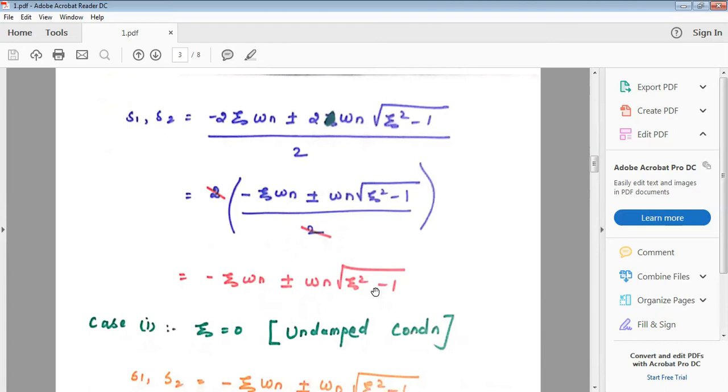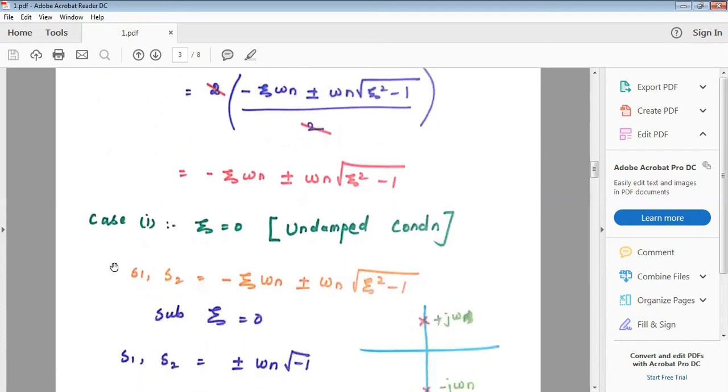Now let us analyze the 4 cases. First, consider case 1, that is theta equal to 0, the undamped condition. We know that in the undamped condition the system keeps on oscillating at its natural frequency without any decay in the amplitude.